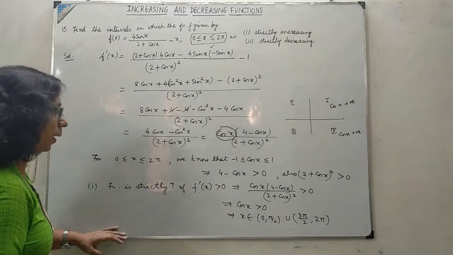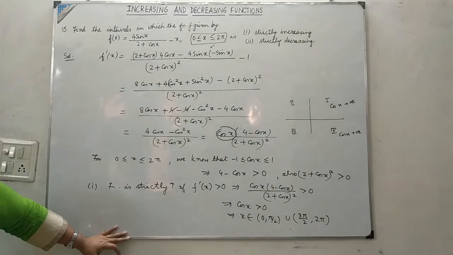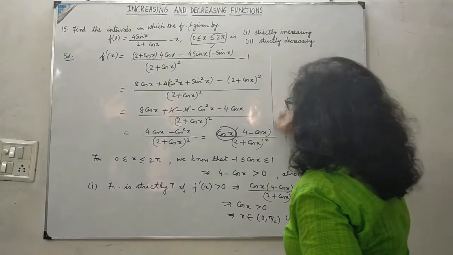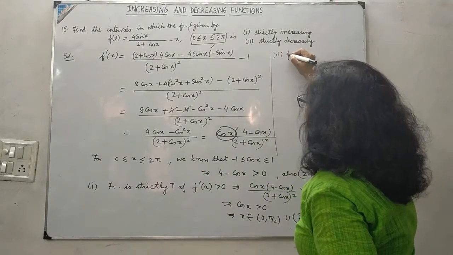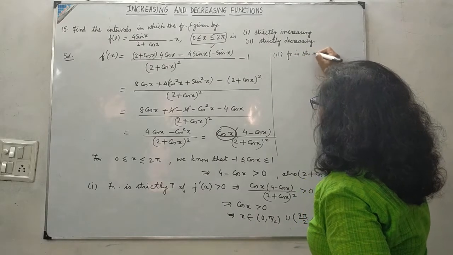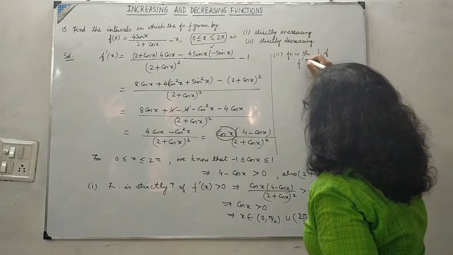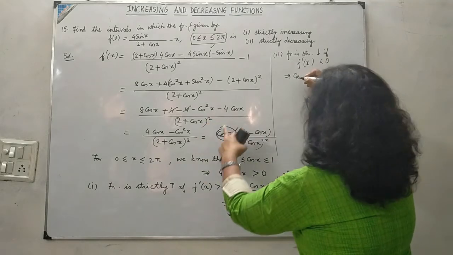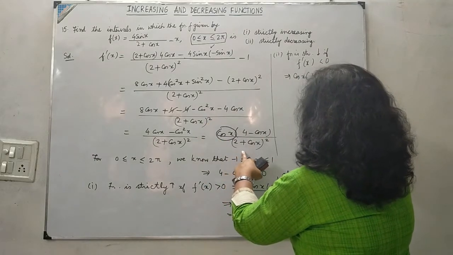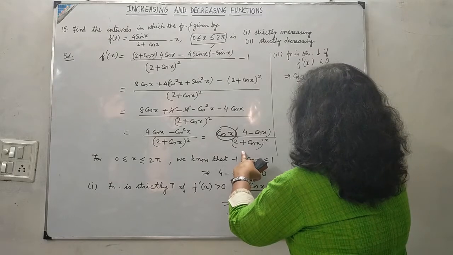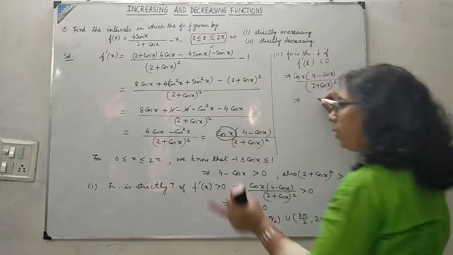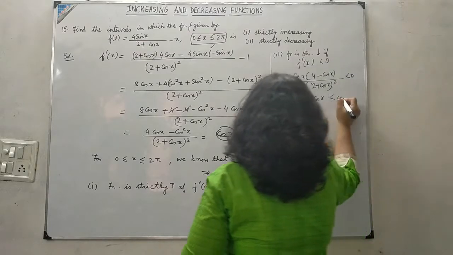Similarly, for the second part, the function is strictly decreasing if f dash x is less than 0. That means this whole derivative, what we have got, is less than 0. And this depends only on cos x less than 0.